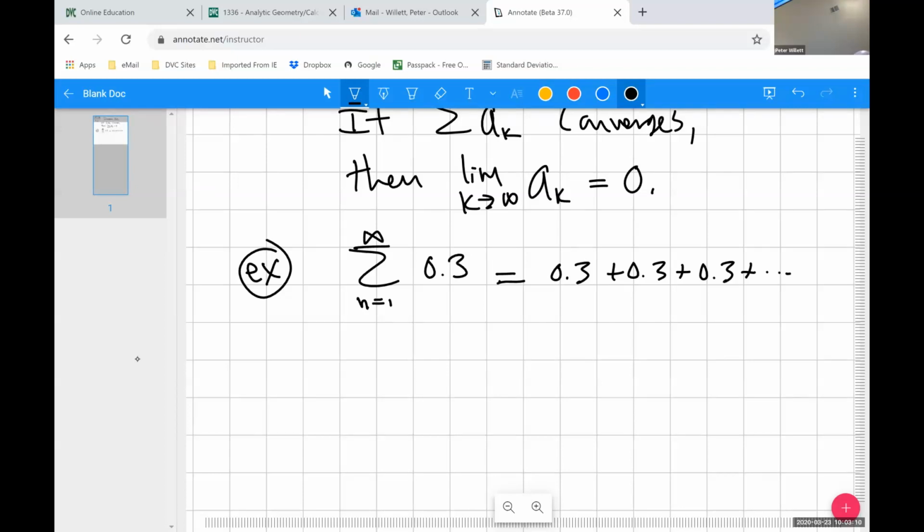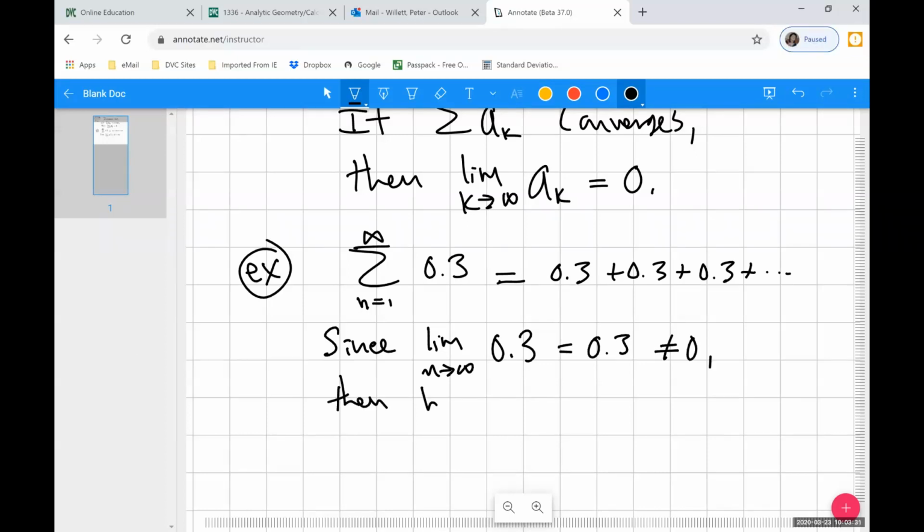So I could basically say that since the limit as n tends to infinity of 0.3 is 0.3, which is not equal to 0, then by Theorem 8.8, the series diverges.